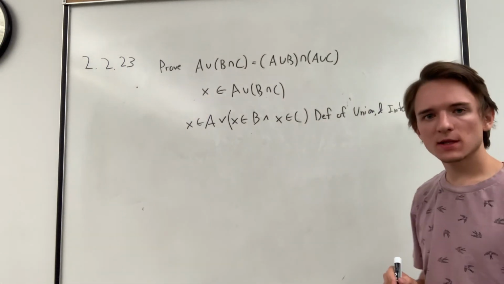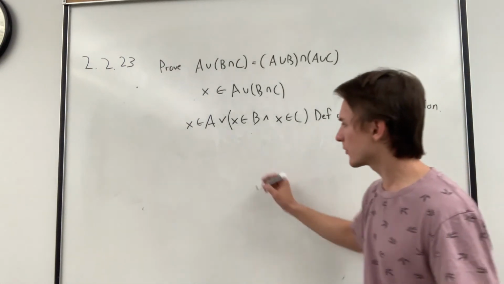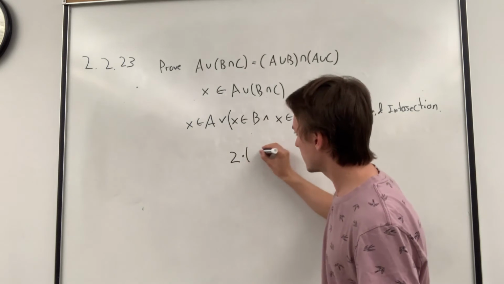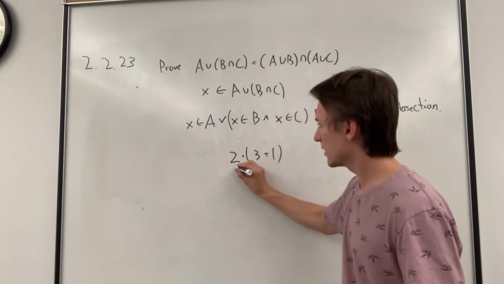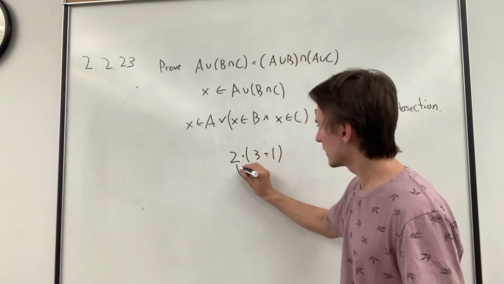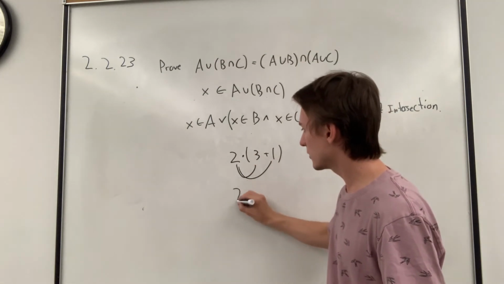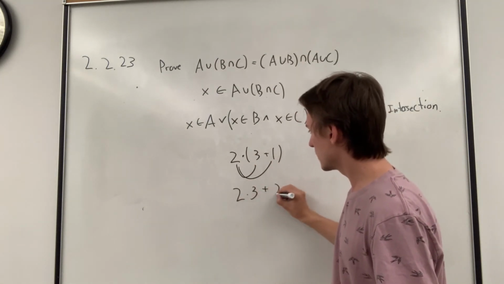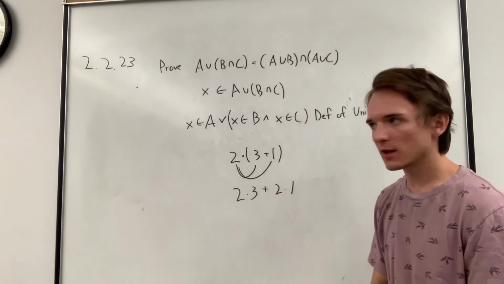From there, we can use the distributive law. Recall again from grade school, 2 times 3 plus 1, for example. We multiply the 2 against the 3, multiply the 2 against the 1, we get 2 times 3 plus 2 times 1. It's the same thing here.